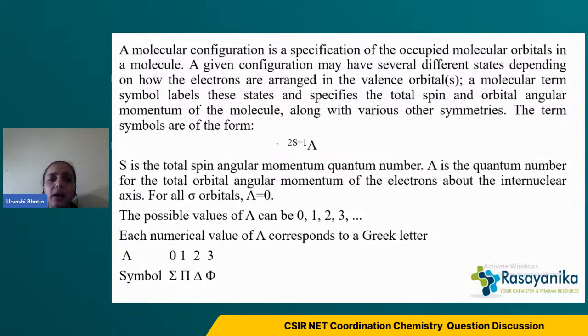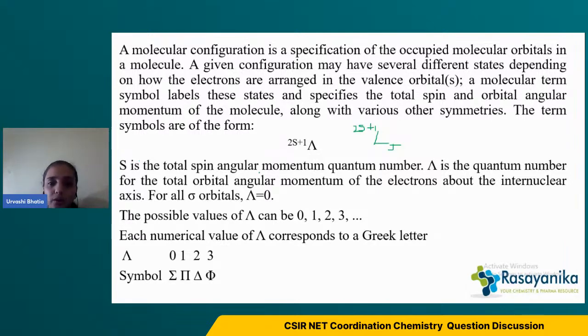The term symbols are of this form. This is what you do for determining the term symbol for D2 or D3. You do it like this. This is L. You put N, and here is your spin multiplicity 2S plus 1, and J. So there we use L, and here we use this symbol, and they are the same: orbital angular momentum.